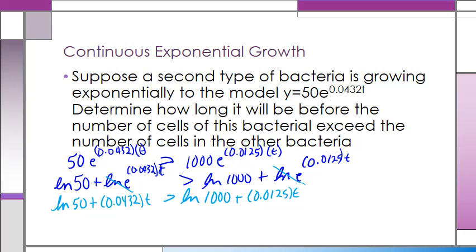And so then we would have 0.0432t minus 0.0125t is greater than the natural log of 1000 minus the natural log of 50. I'm about to run out of room.